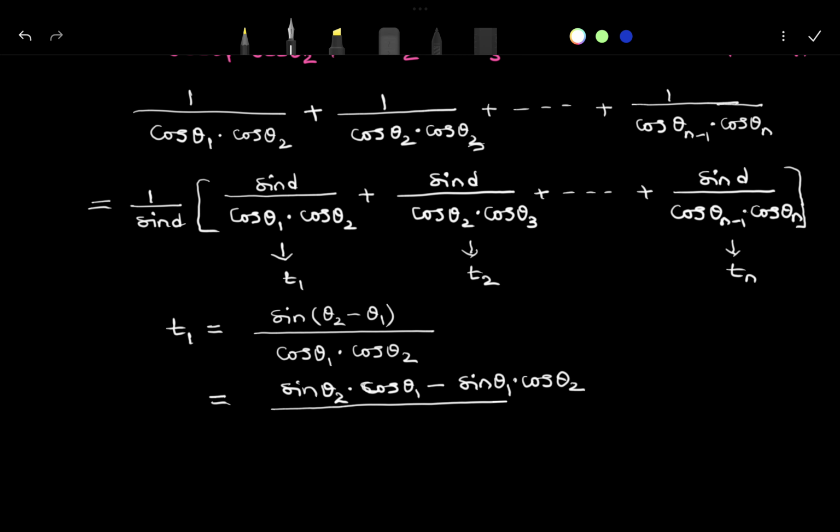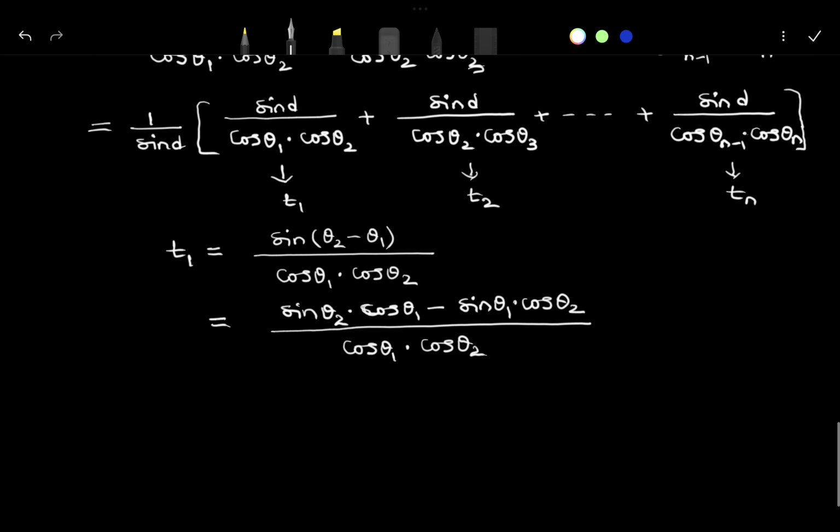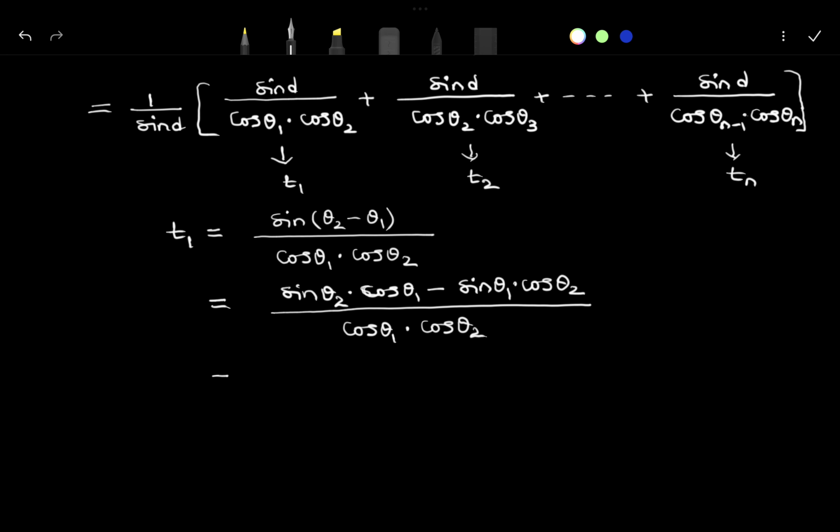whole divided by cos theta 1 into cos theta 2. After that you split this value.